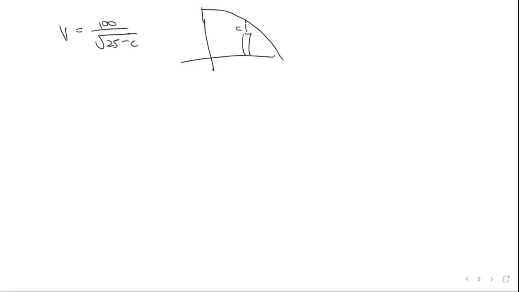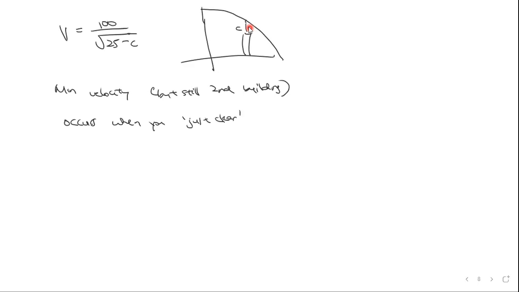So if you go slower, you can probably see that you're just going to drop faster. You won't go across as quickly, and that means you're going to clear it with less clearance. So the minimum velocity, but still clear the second building, essentially occurs when you just clear the second building, which basically means we let c equal 0.